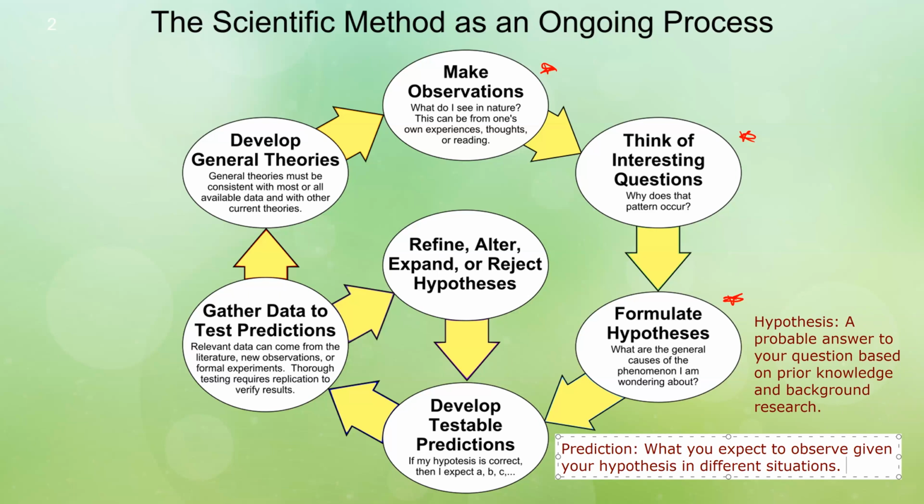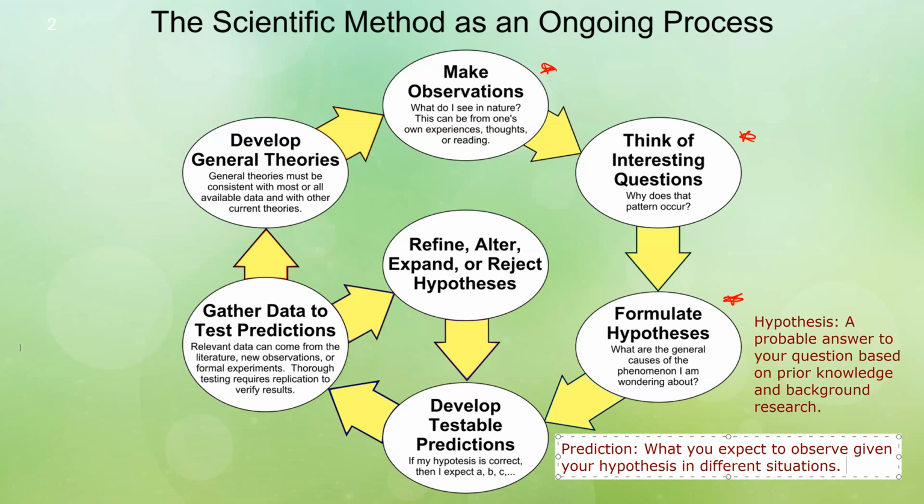Okay, what you expect to observe given your hypothesis when you look at different situations. Okay, so basically it's like if my hypothesis is supported, then I expect to see this.